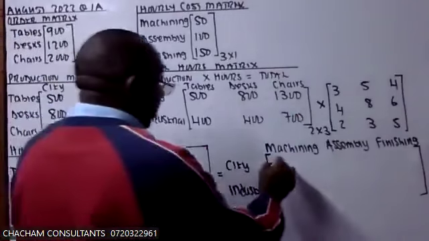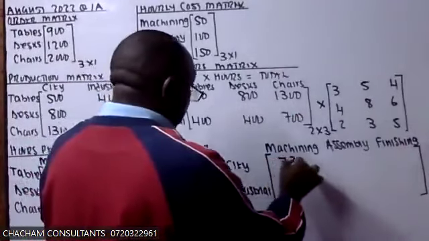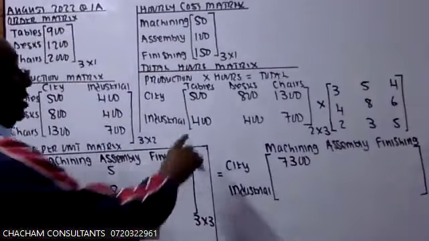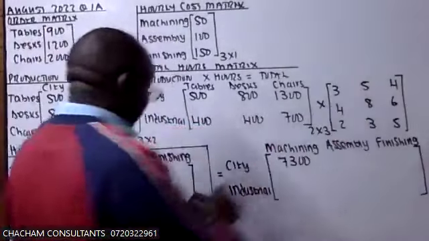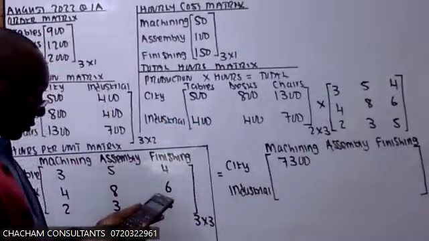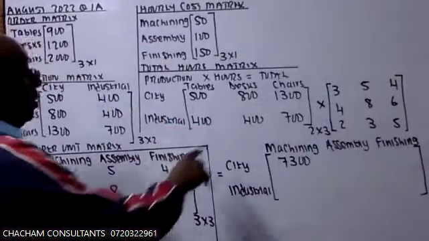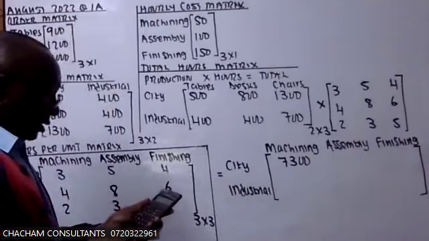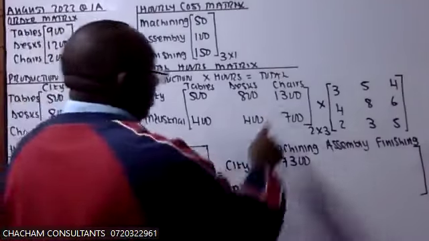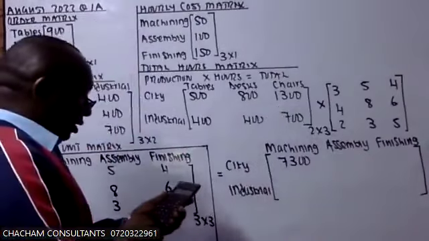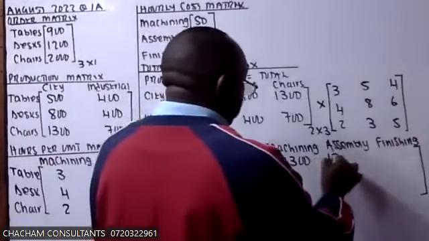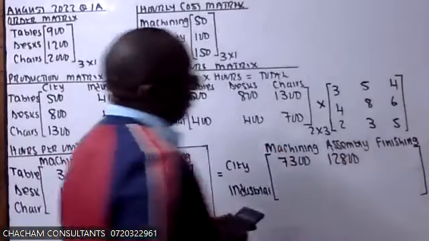This gives us 7,300. Then I take 500 times 5 plus 800 times 8 plus 1300 times 3. 12,800.